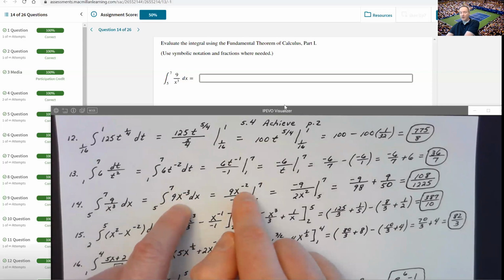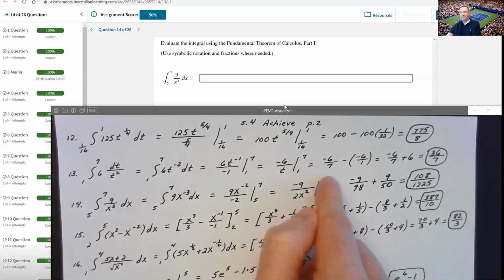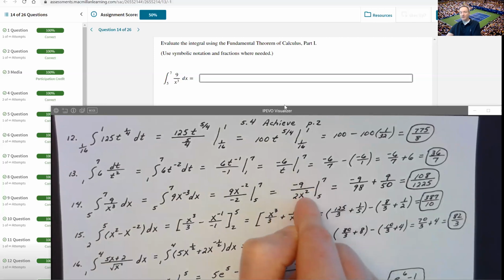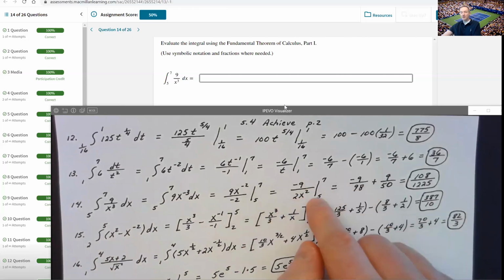Before the evaluation, I would rather simplify and say this is the same thing as negative 9 over 2, and that x squared belongs in the denominator. Evaluated now from 5 to 7. You plug the 7 in. You'll get 2 times 49 in the denominator, negative 9 over 98.